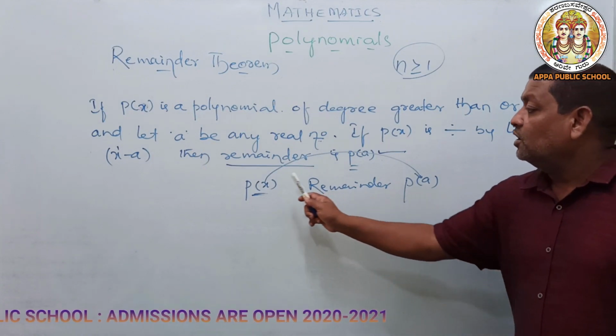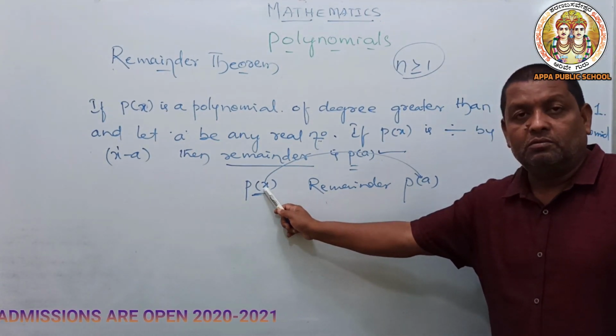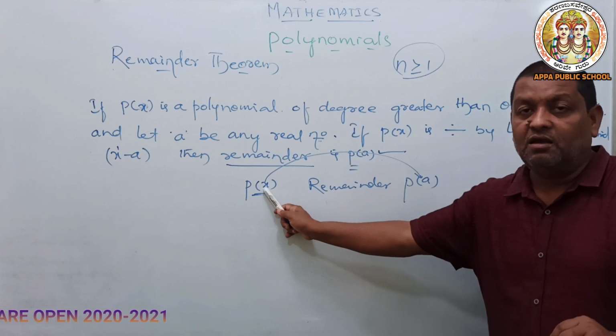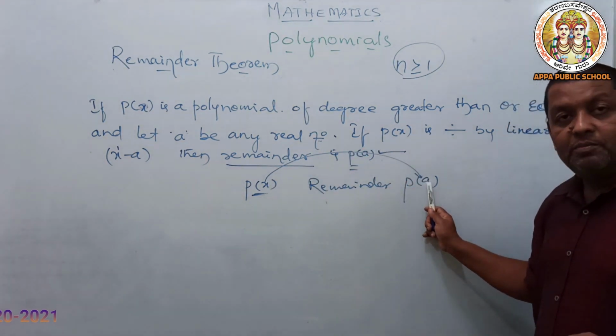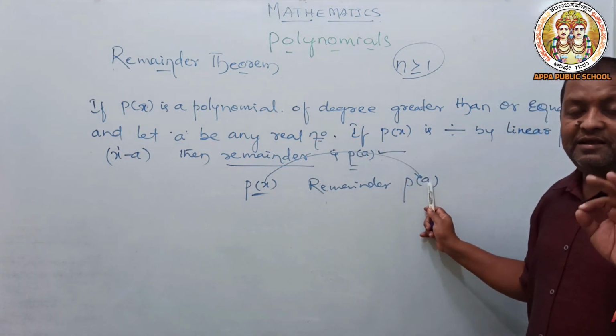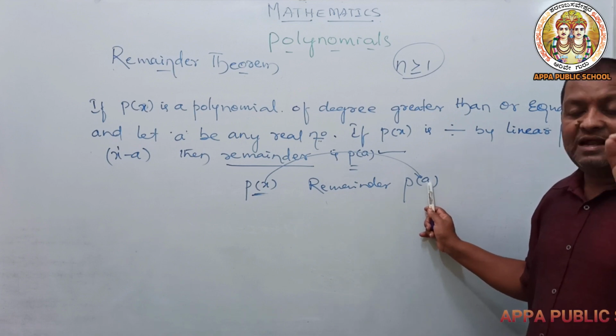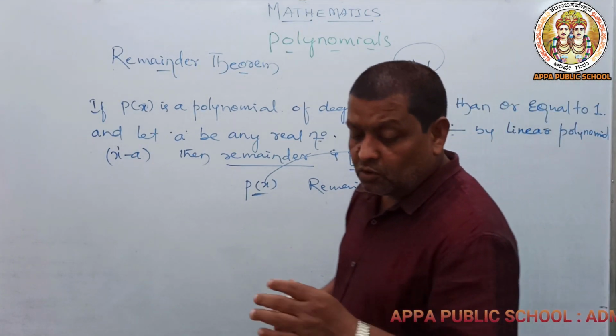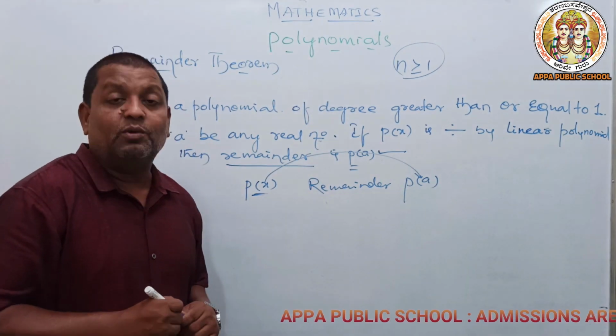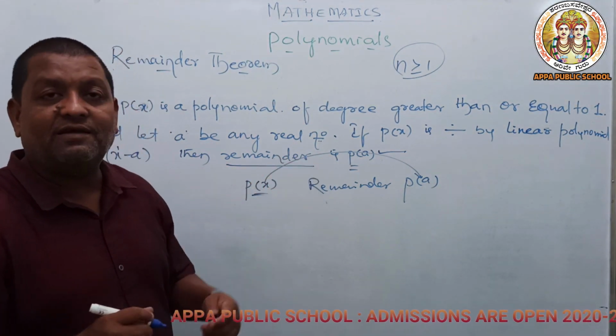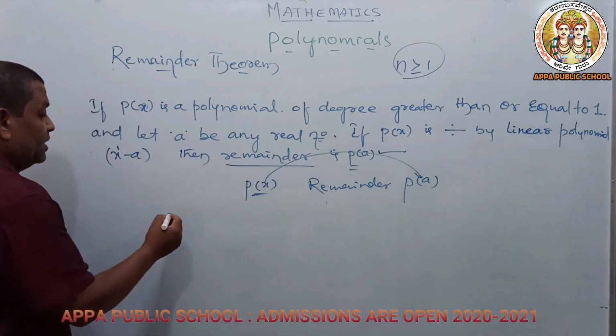It means you take this value, suppose x is a, substitute it in the given polynomial, and the answer you get is the remainder. Let me tell this with one example, so you understand easily.